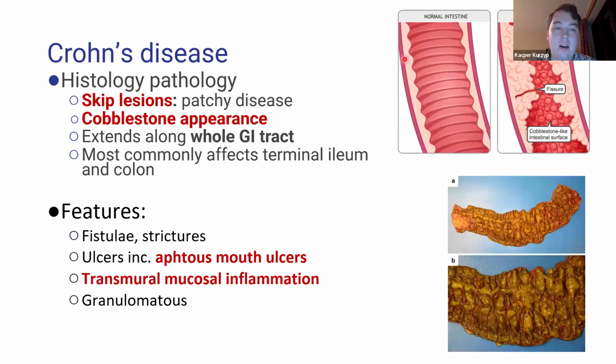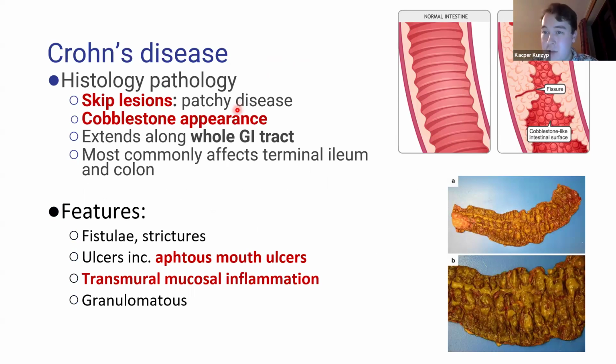Now, looking at the pathology, the Crohn's disease will present with skip lesions. It is a patchy disease, it is not continuous, so it will be a patch there, anywhere in the GI tract, from mouth to anus, but in patches.